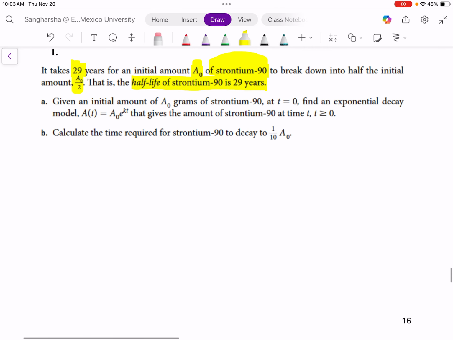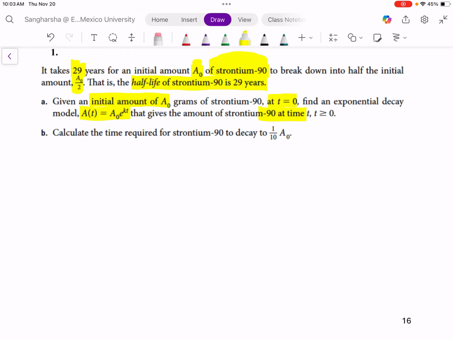Given an initial amount A naught grams of strontium 90 at t equals 0, find an exponential decay model, the exponential function that gives the amount of strontium 90 at time t.